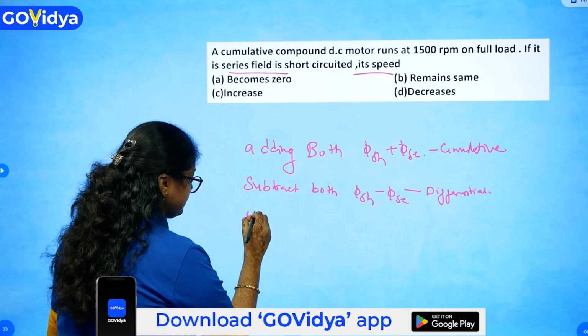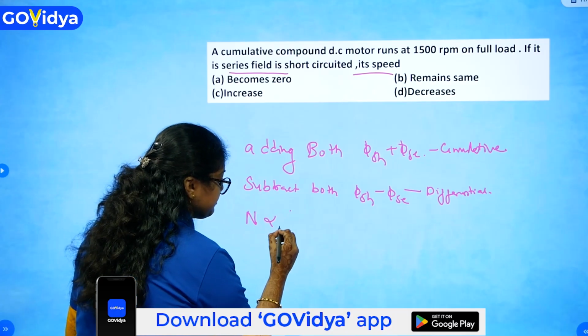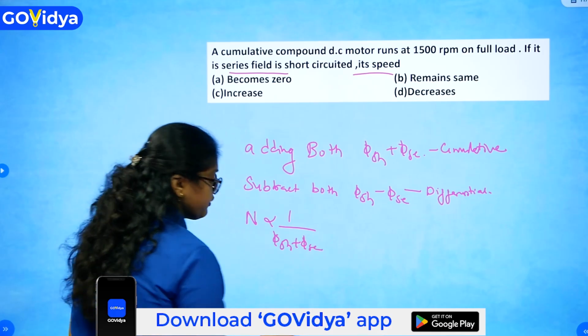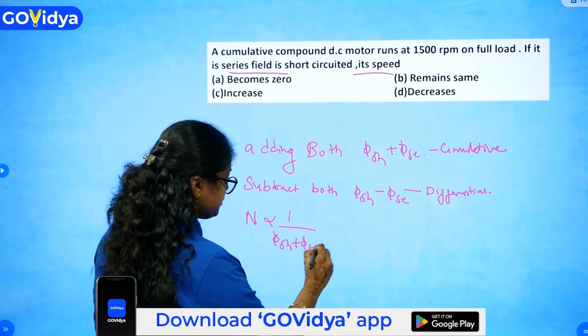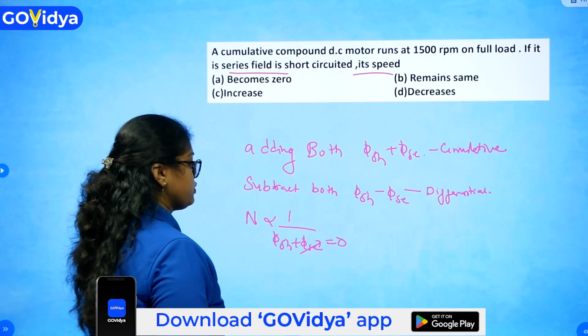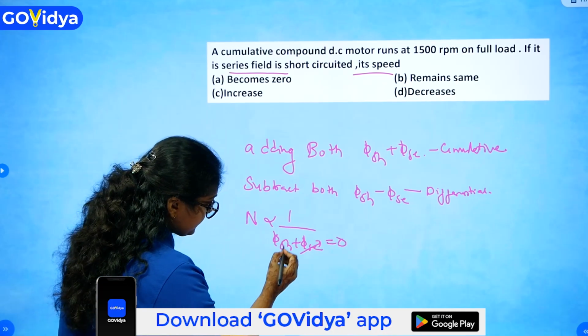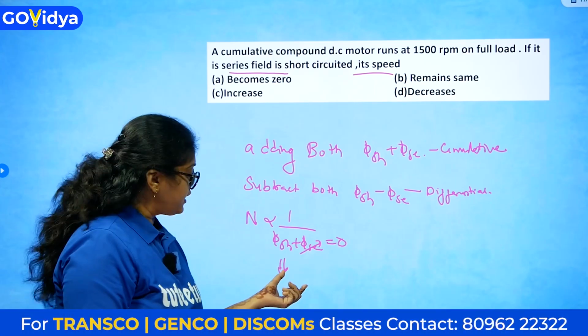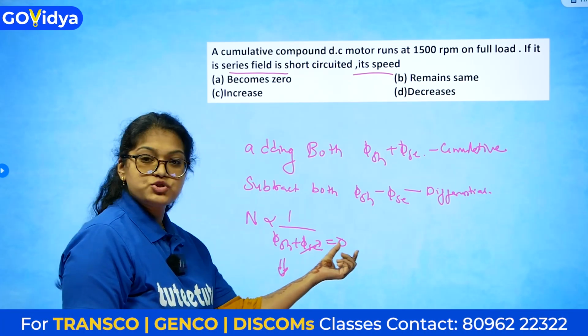We know the relation N is directly proportional to 1 by phi SH plus phi SC. In the question the series field is short circuited, so phi SC is equal to 0, which means the flux has been reduced.